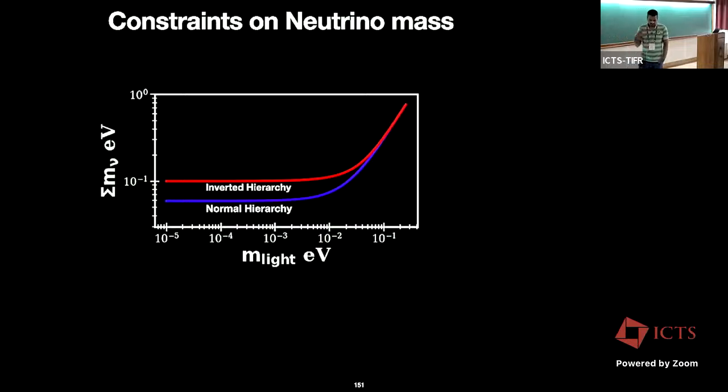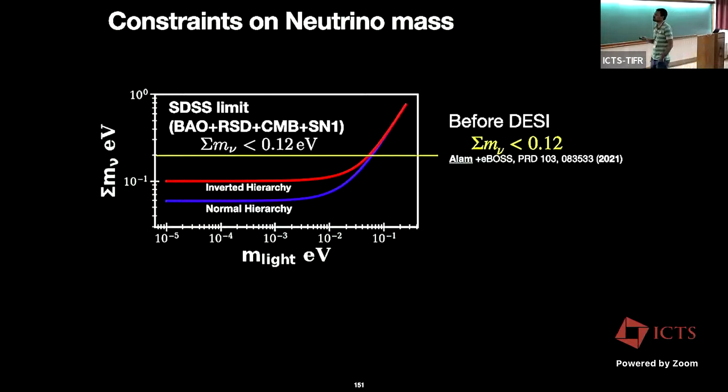In the context of what our current measurements of the sum of neutrino mass are, these are 2 sigma upper limits from a combination of BAO plus redshift space distortion. So this includes growth, and CMB and supernovae, all of that. We are using luminosity distance, angular diameter distance, and the CMB, so the sound horizon measured from r_d.